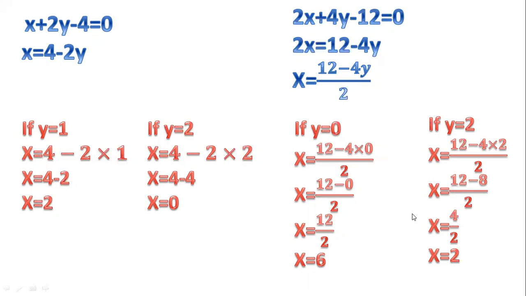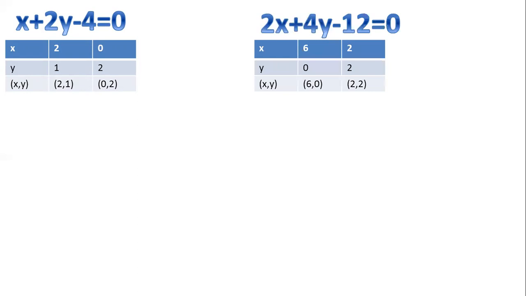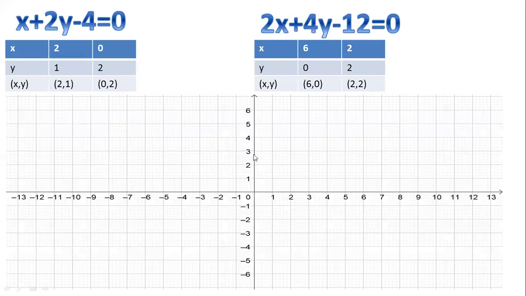We got the two solutions for each equation. Write this in graph. 2 comma 1 and 0 comma 2. For another equation 6 comma 0 and 2 comma 2. Take a graph sheet, plot the point 2 comma 1, that is here. 0 comma 2.